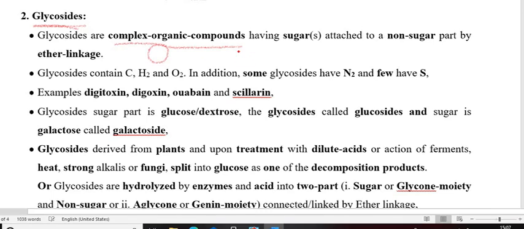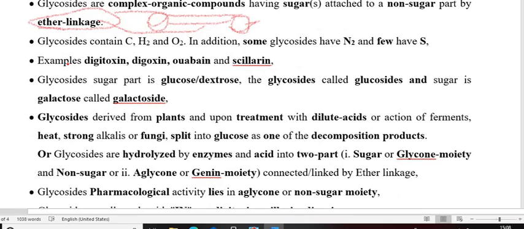One is the sugar moiety, another is the non-sugar moiety. The sugar moiety and non-sugar moiety of the glycoside are connected together by a linkage, which we call the ether linkage.